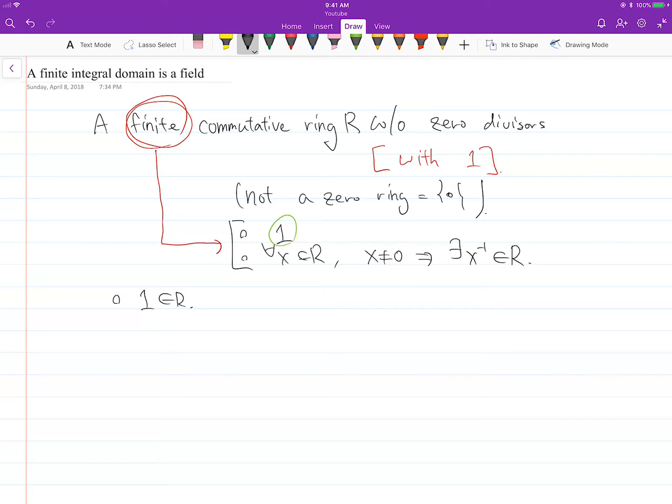We start by making use of the property that R is finite.